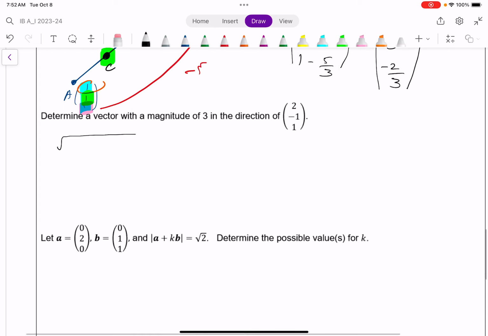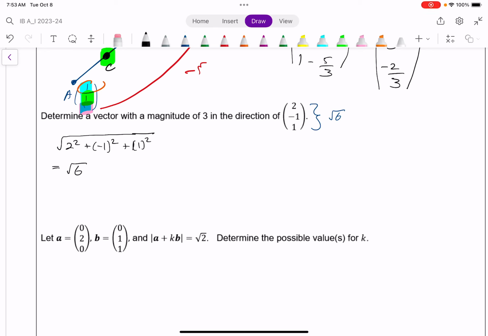So the square root of 2 squared plus negative 1 squared plus 1 squared, which is root 6. So this here has a magnitude of root 6.